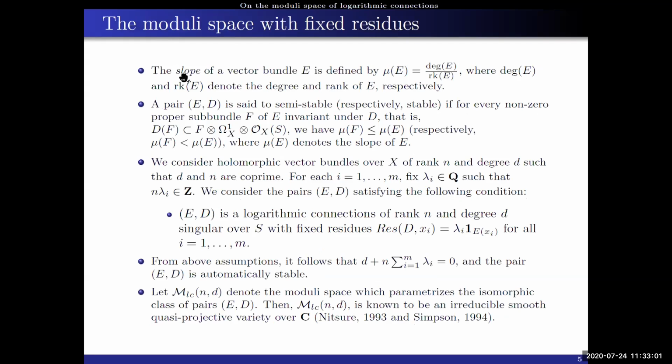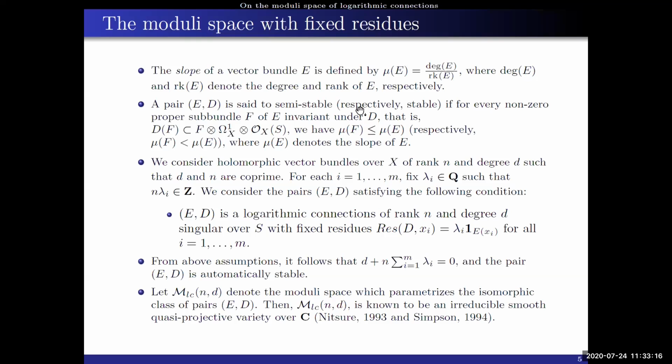Coming back to the moduli spaces of logarithmic connections, the slope of a vector bundle is defined by degree upon rank. I am now talking about the semi-stability of logarithmic connections.